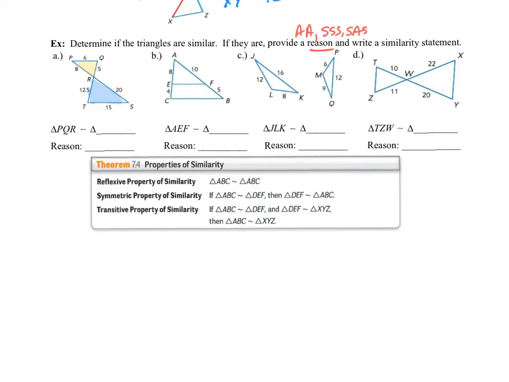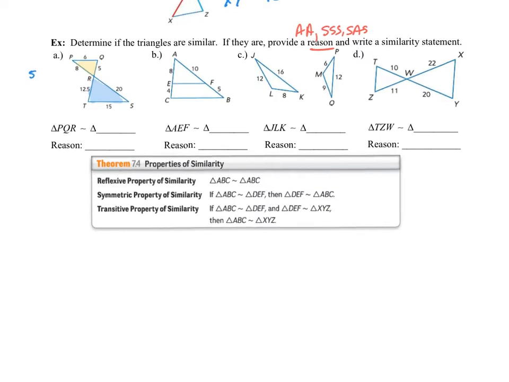So the way I'll do that is I'm going to take the ratio of the shortest side in the yellow triangle, which would be 5, to the shortest side in the big triangle, which is 12.5. So I'm going to write that ratio, 5 to 12.5.